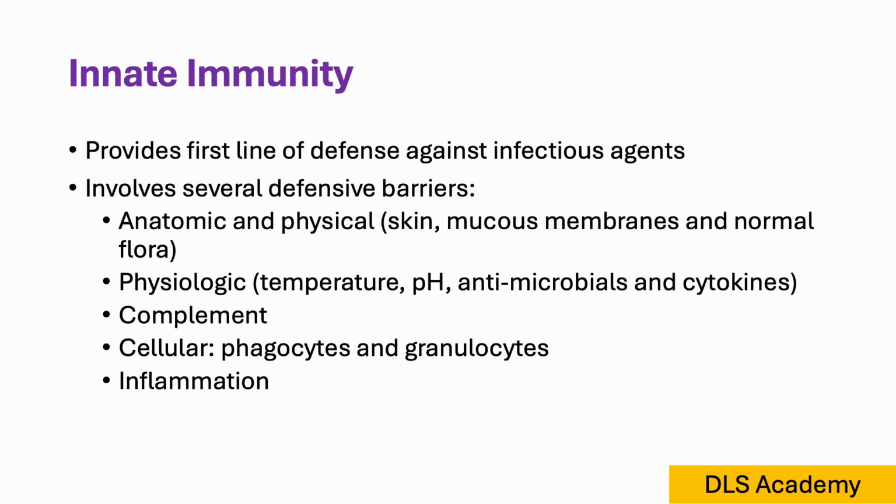Once that is compromised, we have a couple of really good backup plans, including physiological aspects of defense, then complement, which is a humoral aspect, and of course the cellular aspect, which includes phagocytes and granulocytes. When you put all of those things together, what you get is the presentation of inflammation. And inflammation really is critical for the clearance of infection.